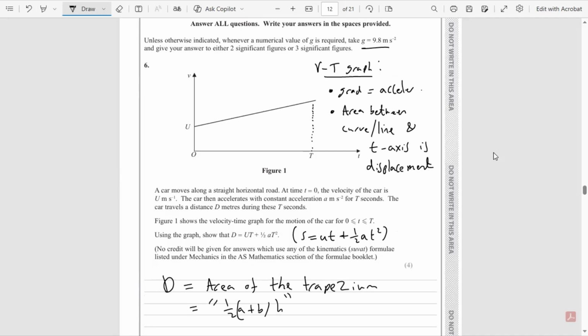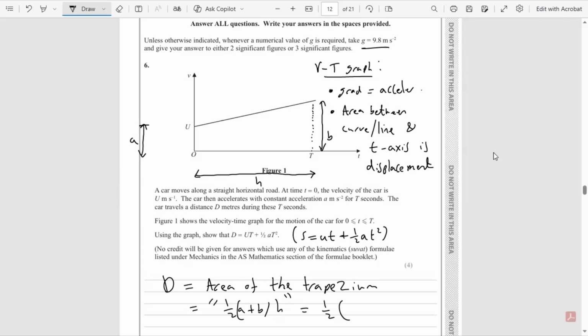So then what we can do now is we can say that this is equal to a half. And then the a, we can call this length from 0 meters per second up to u meters per second on the speed axis or the velocity axis. We can call this height there the b, and then the actual height from the formula for the area of a trapezium would be this length there, so t.